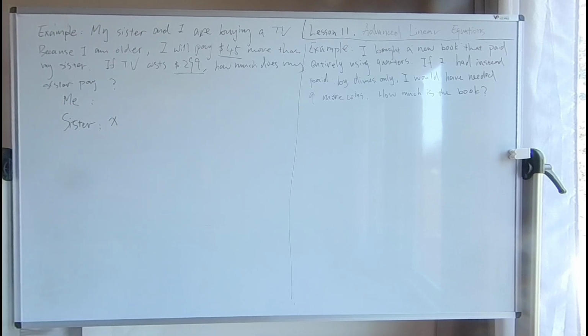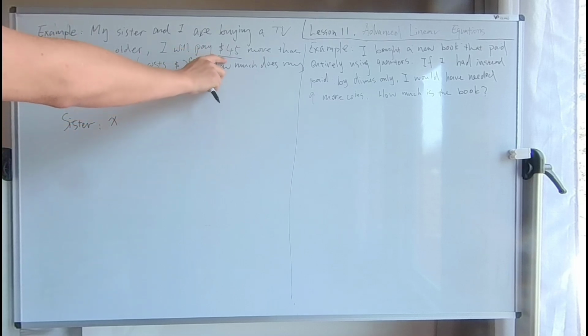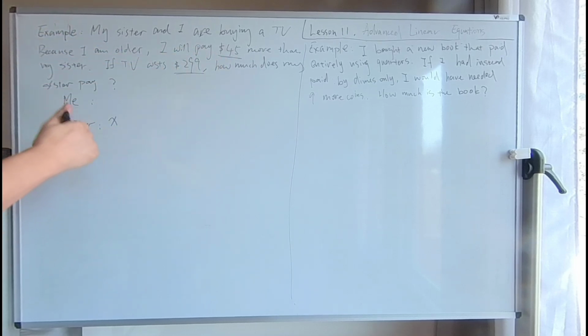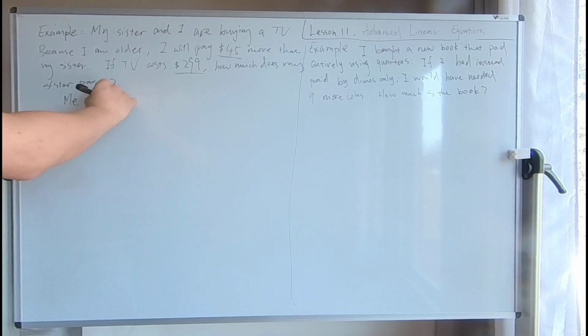You can try the alternative way later and you will find they are equivalent. So I assume my sister pays x dollars. Then how much do I pay? I promise to pay $45 more than my sister, so I will pay x plus 45.